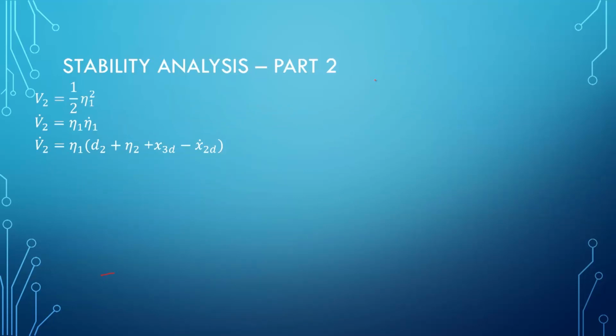So again, we create a Lyapunov function V2, and it's 1/2 eta 1 squared. You take the time derivative, substitute the open loop dynamics, and next, again, we upper bound these disturbance terms. We upper bound eta 1 d2 by the absolute value of its product.